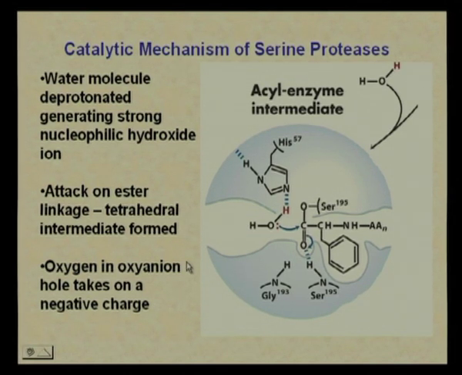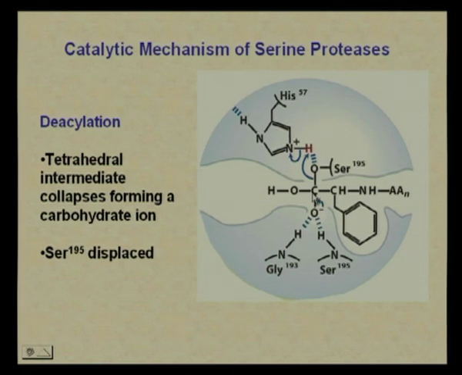Now, what is going to happen is the CO minus and the OH is linked here. What happens is this O minus is going to come back to form what? C double bond O, and what is going to get cleaved? The CO, the acyl linkage to serine. And where is it going to get an H from?